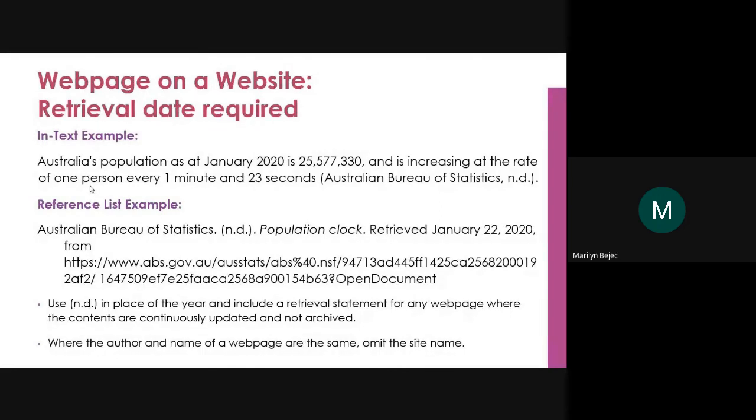Use n.d. in place of the year and include the retrieval statement for any web page where the content is continuously updated and not archived. Where the author and name of the web page are the same, omit the site name.